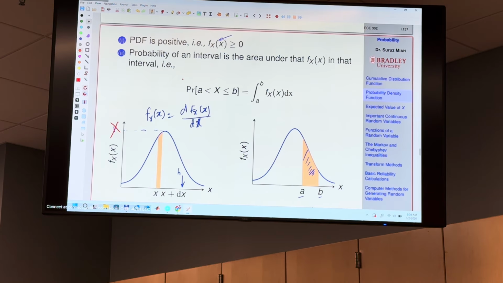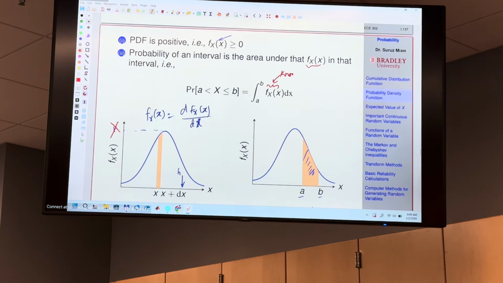The other thing is that when you take the probability of a random variable that has a distribution defined by the probability density function f sub x, you integrate f sub x. This distribution should be known.